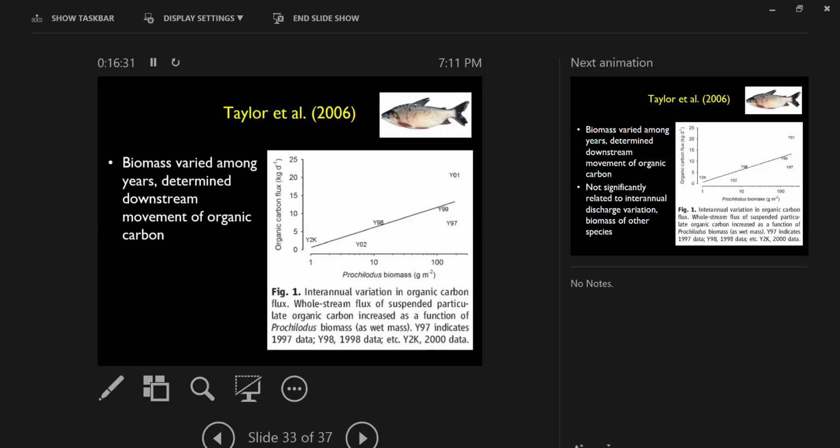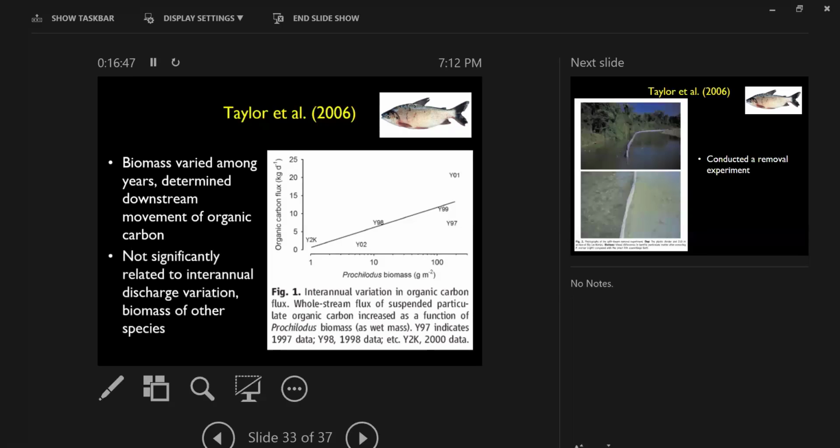This was interesting because this is a highly variable part of the world as far as seasonality goes, right? They have this wet season where the river gets so high, but the biomass of these fish also played a great role. And this organic carbon flux was not related to discharge variation or biomass of other species. So kind of interesting.